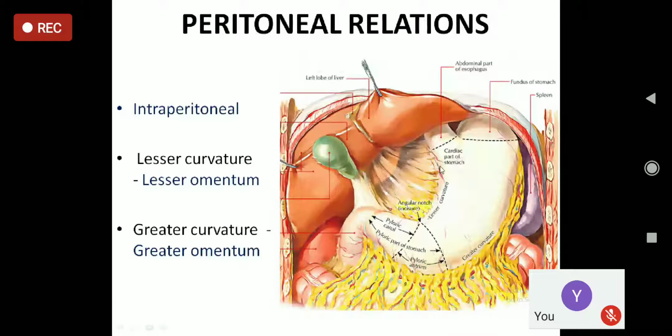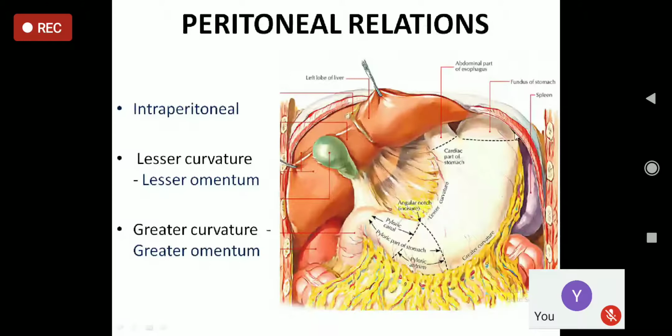But remember, the lesser curvature itself is not covered by peritoneum, because the two layers reflect directly to the liver from there. That's why we can consider the lesser curvature of the stomach as one of the bare areas of the stomach. Bare area means devoid of peritoneum, or not covered by peritoneum.